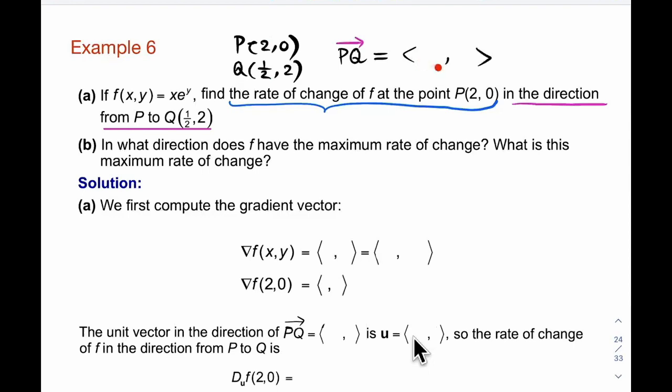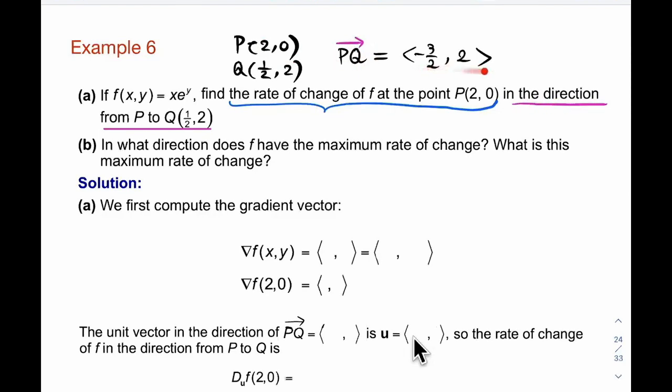The first component is 1/2 minus 2, which is negative 3/2, and the second component is 2 minus 0, which is 2. So this direction is PQ.